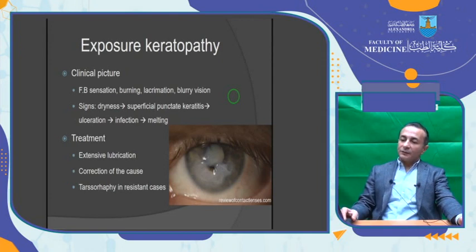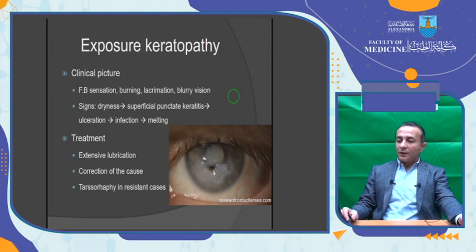So the treatment should be directed to correction of the cause of the exposure keratopathy. Till the cause is corrected, the patient must apply extensive lubrication.